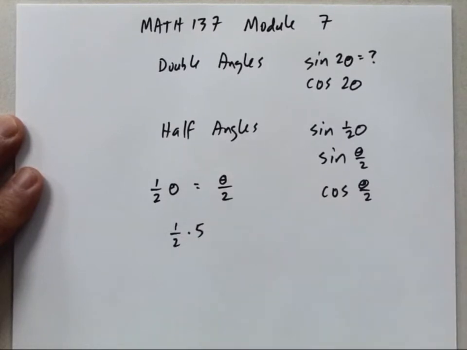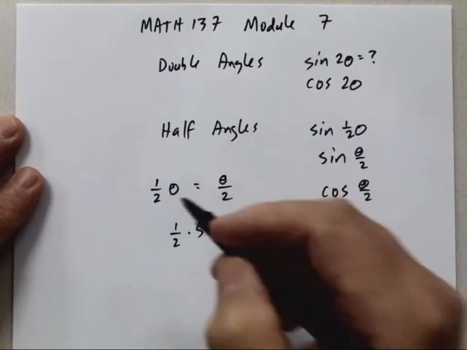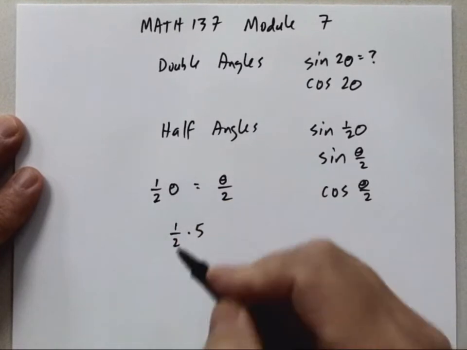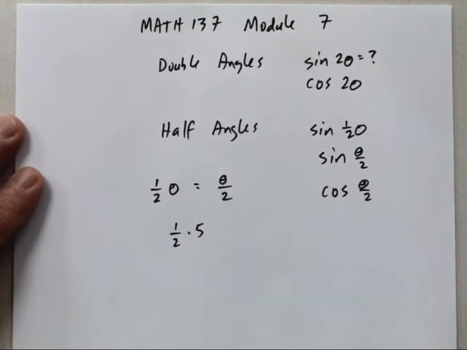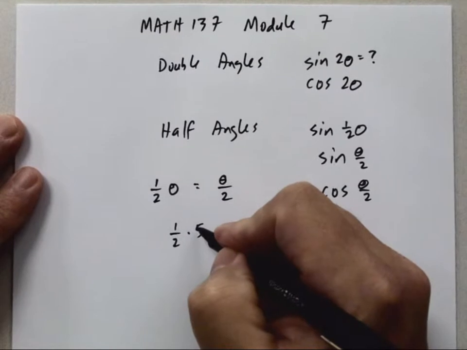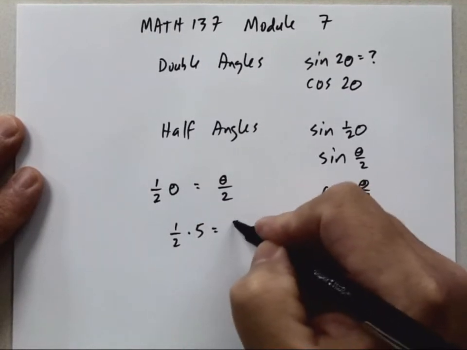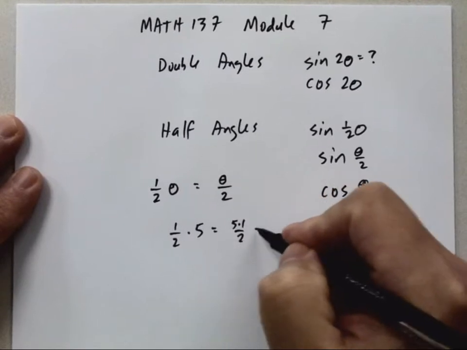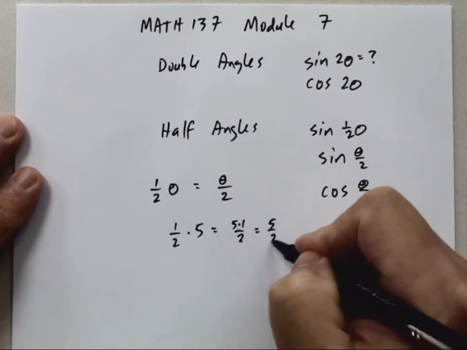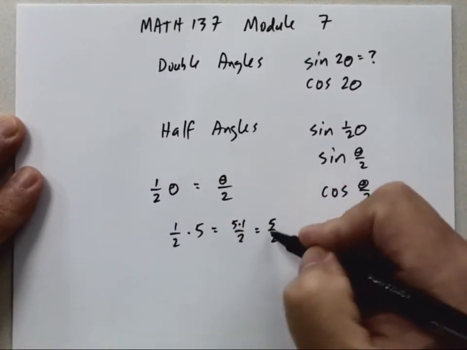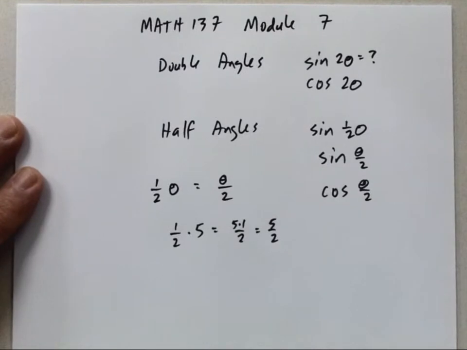You have a fraction times a number, or in this case, a fraction times a variable. If you're going to combine these, you simply take the number times the numerator of the fraction. So 1/2 times 5 is the same as 5/2. All right, well, that was a quick detour.